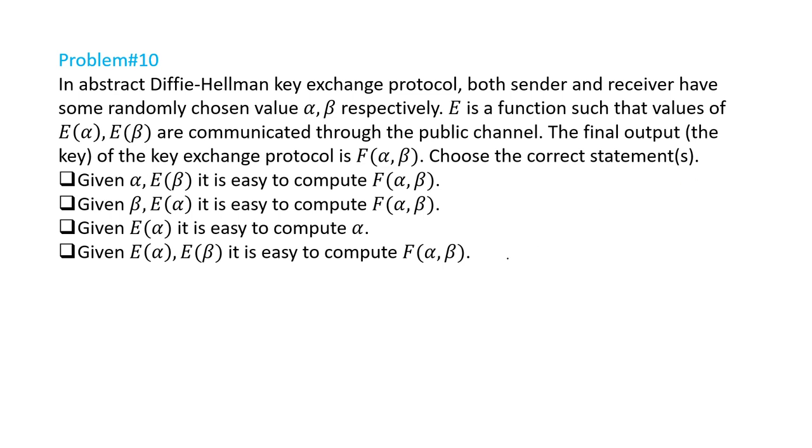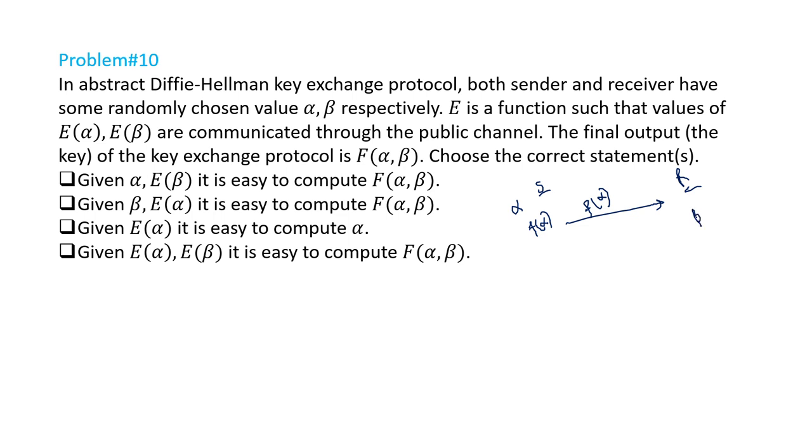That is the required property of the Diffie-Hellman exchange protocol, because what usually happens is that there is a sender and a receiver. The sender has its own secret, say alpha, chosen, and instead of sending alpha in its raw form, it computes f of alpha and sends that value to the receiver.